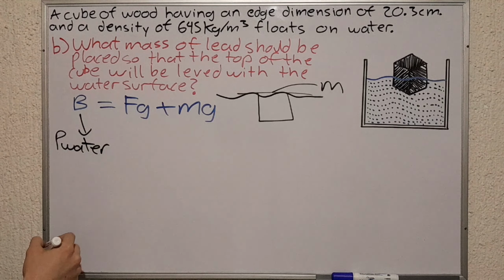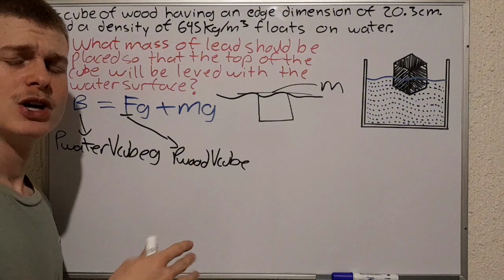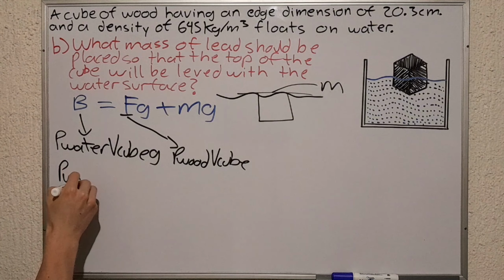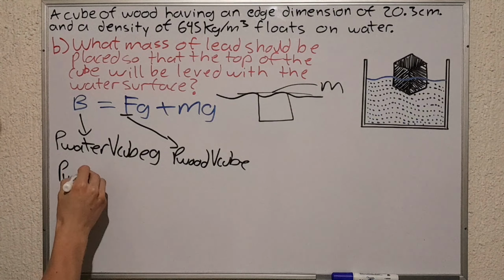So now what's next is to replace this B and F that we just translated. We've got the density of the water times the volume of the cube times G is equal to the density of the wood times the volume of the cube times G, don't forget, times G, plus mg.